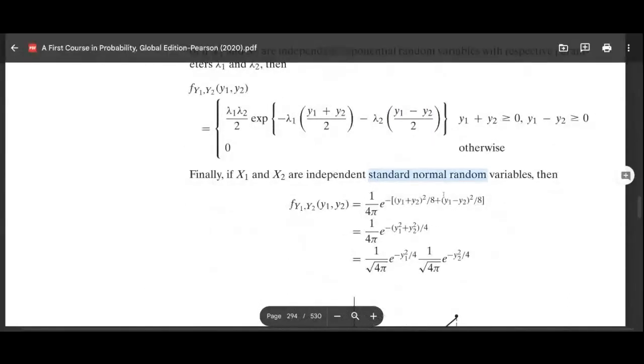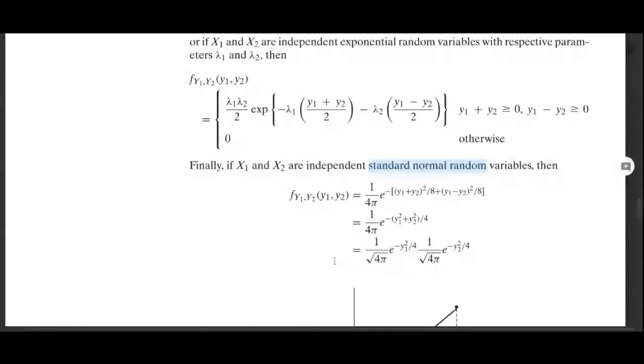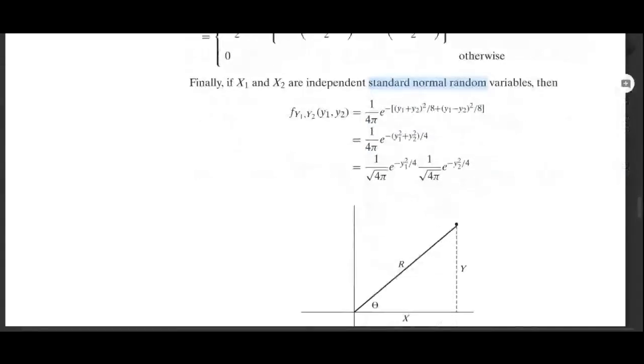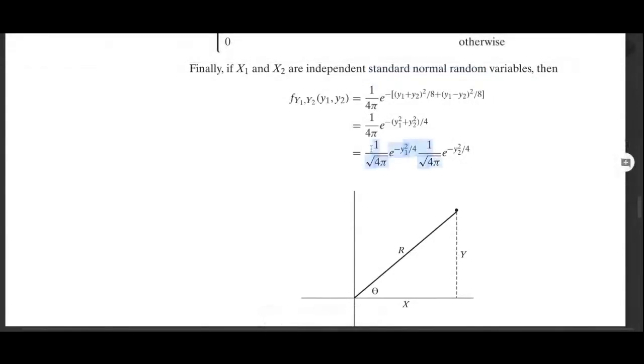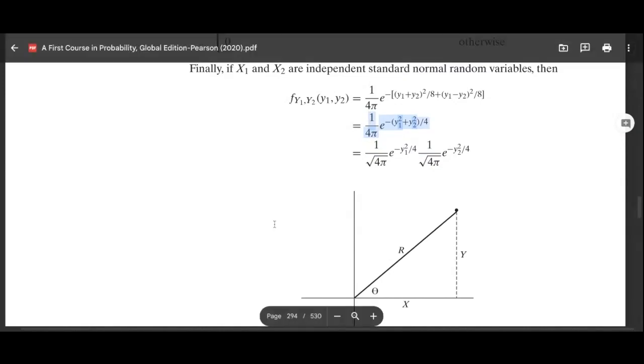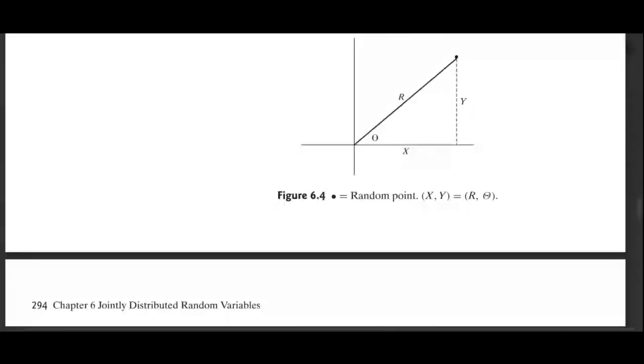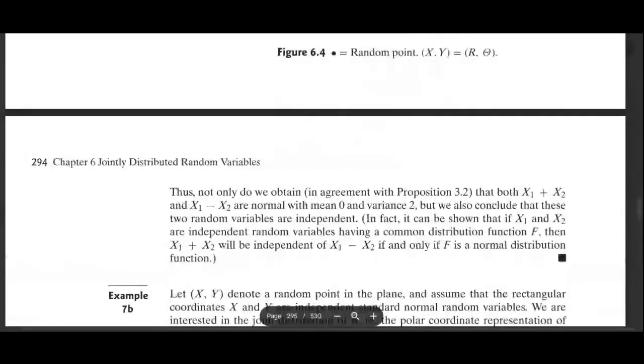If it's a standard normal, putting in the standard normal, we get this one probably easier, right? So this can be used in examples.